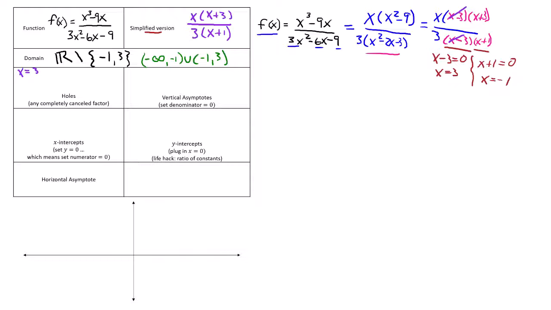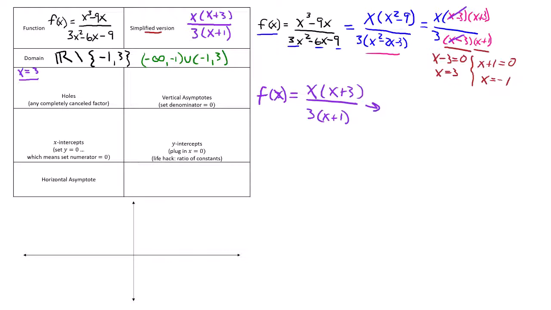I like to figure out the hole at this point because I think it's the easiest thing to forget. So to figure out what the hole is, we're just going to plug 3 into our simplified version: x plus 3 over 3 times x plus 1.